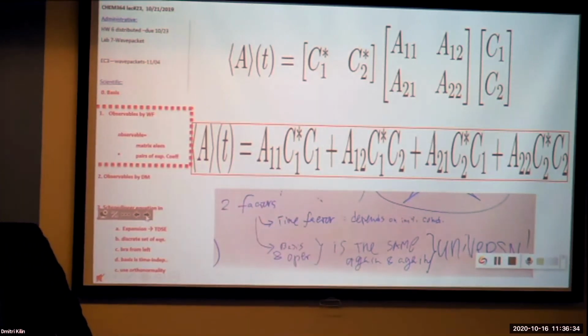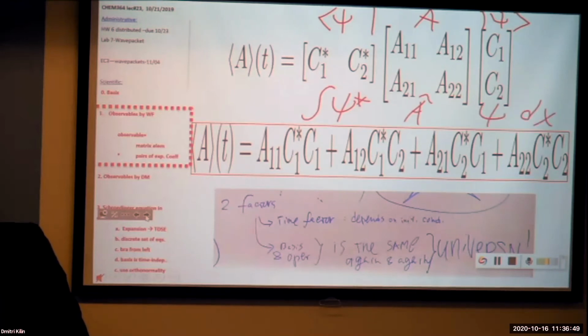So this one corresponds to psi, this is A, this is psi bra and ket. And it is the same as writing the integral of psi star A psi dx.